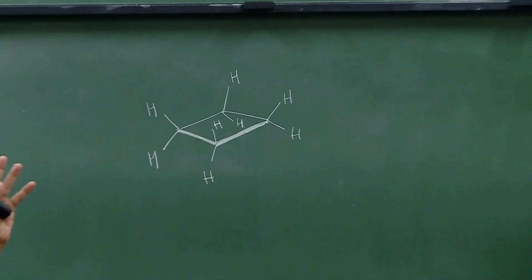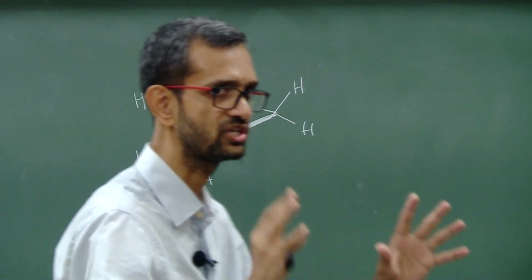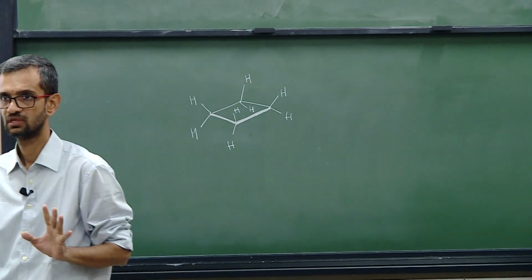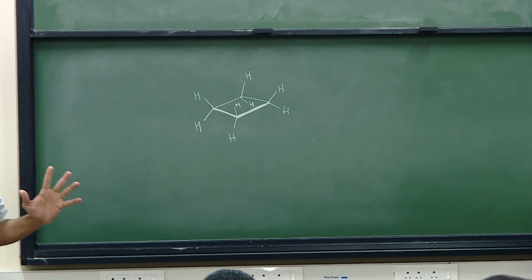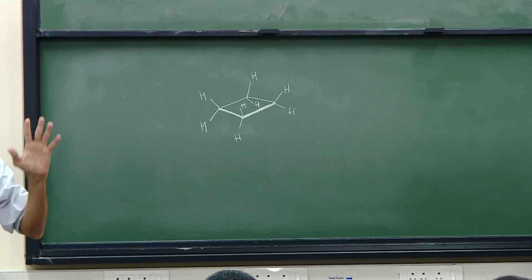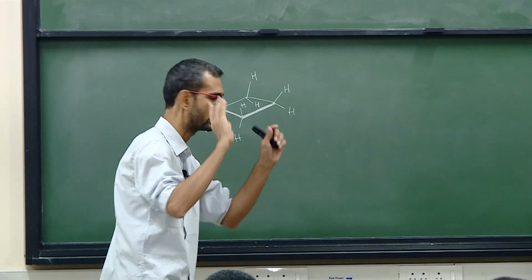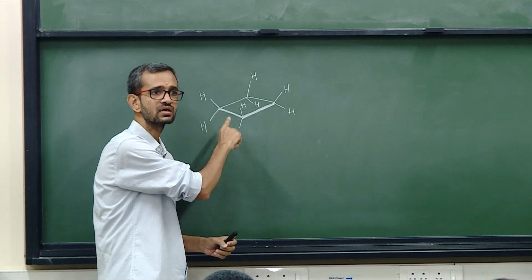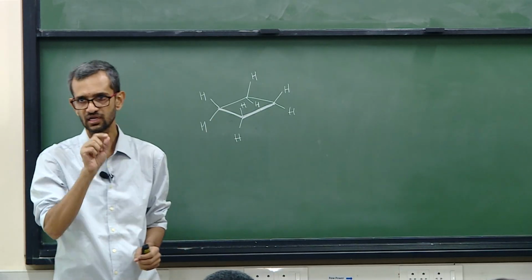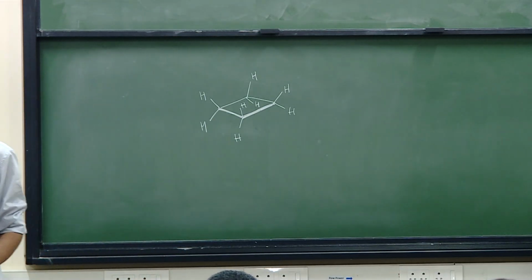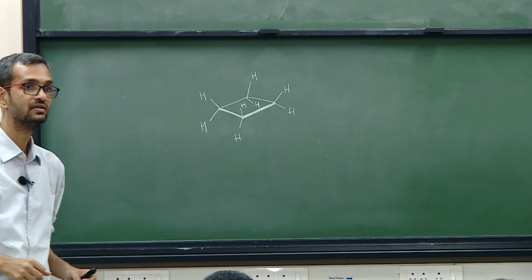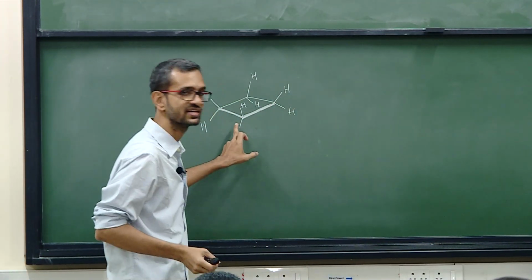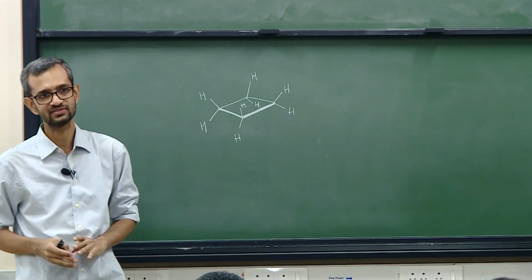A typical tetrahedral angle is what? sp3 hybridization. These carbons are now, all of them are sp3 hybridization. For a typical methane, 109.5, or 109.48, whatever. So this one, what is the carbon angle here? It should be 109, right? What you are having here is 90 degrees.